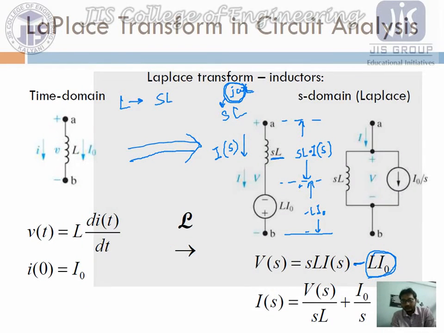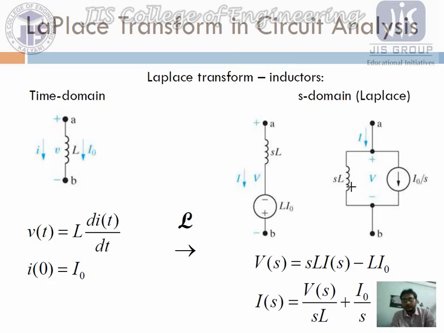So let's erase this one. As per normal rules, we know that I is equal to V divided by Z. As per Thevenin's theorem, the voltage is L i0 and our impedance is S into L, so L cancels out, and I0 by S is the amount of current source.